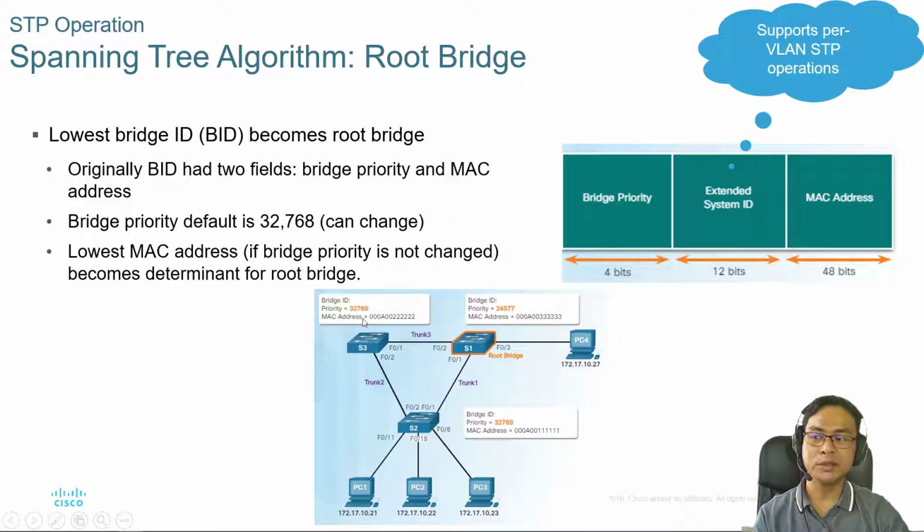No, because kung parehas sila ng priority ID, 32769, 32769, the next point of comparison will be MAC address. Sabi nga dito, if bridge priority is not changed, like this is the default, the MAC address will become the determinant for the root bridge.